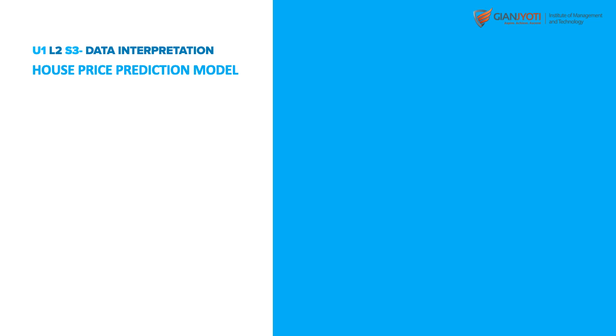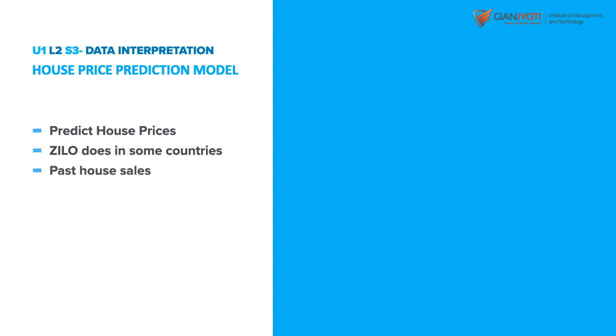For that, I will take another example. I would like to talk about a house price prediction model. What that means is that we are going to build a model where we are going to predict the house prices. It can be anywhere in the world. Zillow is one company which is doing that in many of the countries. They predict the house prices.